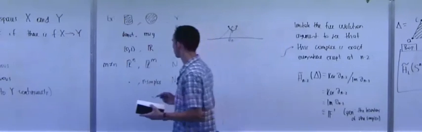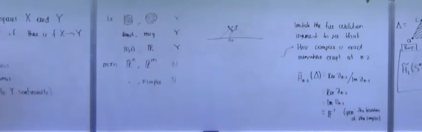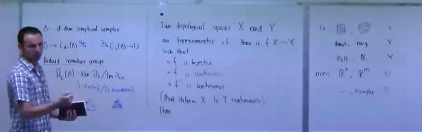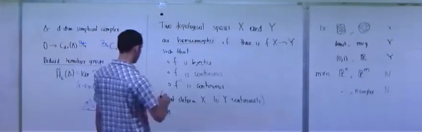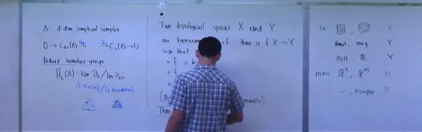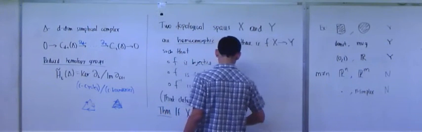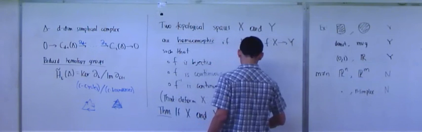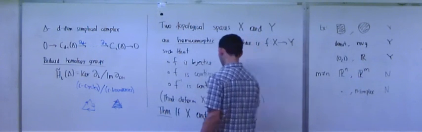Okay, so that gives you an idea of what kinds of things are homeomorphic, and well, it's not my theorem, but the theorem is that if you are homeomorphic, you have the same homology. If X and Y are homeomorphic, they have the same homology.